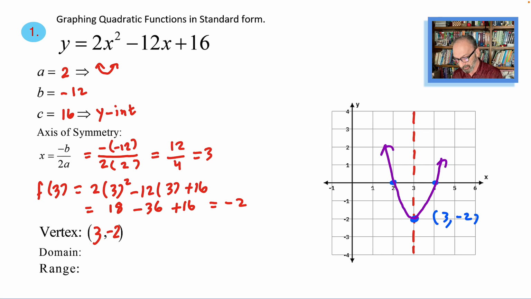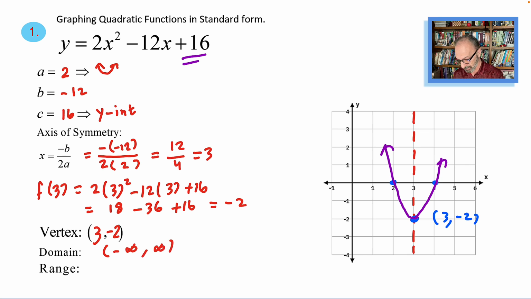Now we can't reach the y-intercept unless I zoom out, but the y-intercept will be all the way up at 16. For the domain, quadratic functions have a parabola shape, which is going to be all real numbers from negative infinity to positive infinity.